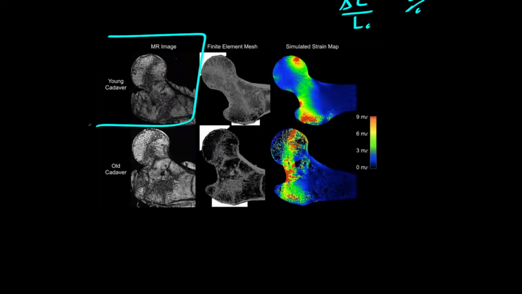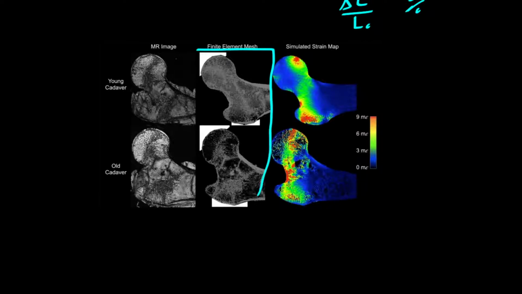We've got a young cadaver and an old cadaver, and it's hard to see the difference here. Even when you look at this computational scan of the strength of the bone, you can notice there are some areas of lower bone density here and here. It looks like the bone's been almost hollowed out.